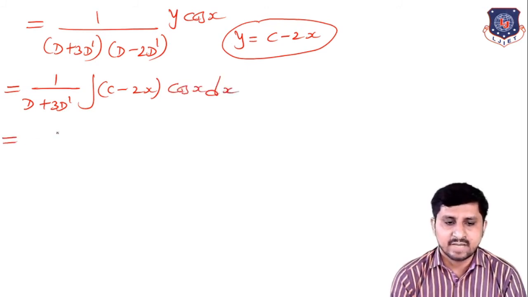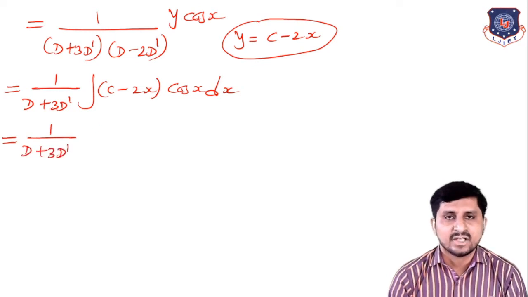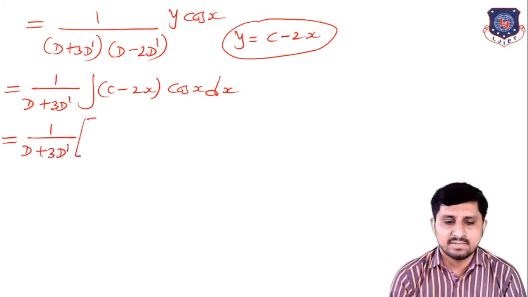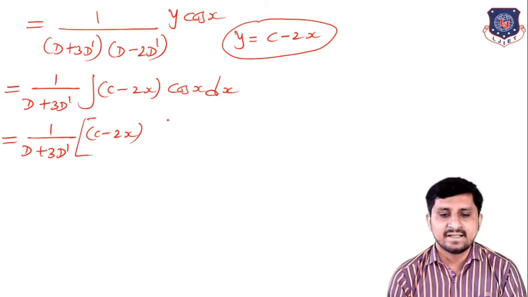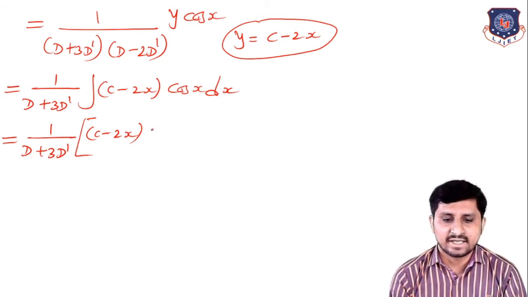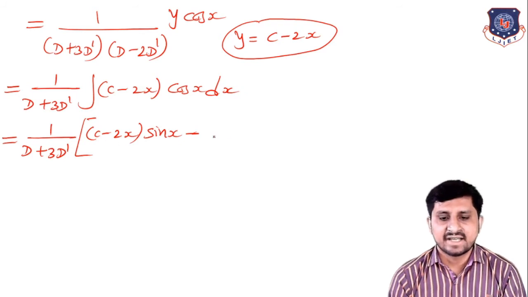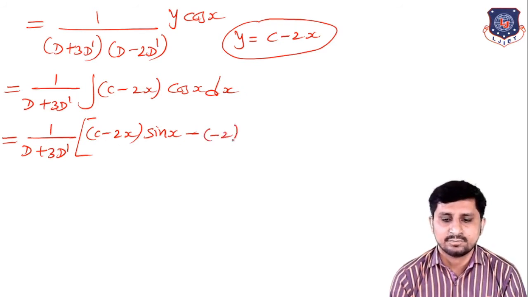Now integration by parts. So 1 upon D plus 3D dash. Okay, integration by parts. So c minus 2x as it is, right? Integration of cos x, so that is sin x, minus differentiation of c minus 2x, so that is minus 2, and integration of sin x, so that is minus cos x.